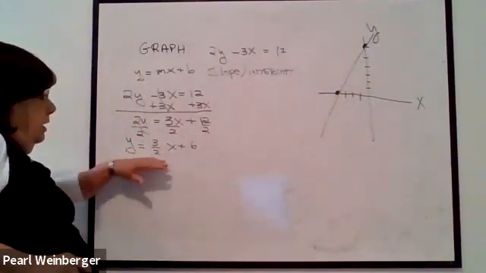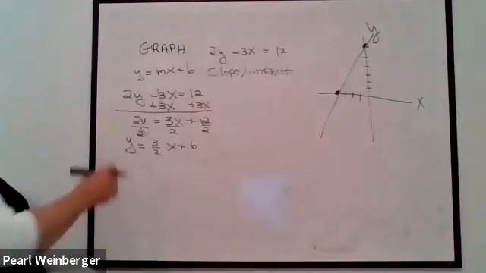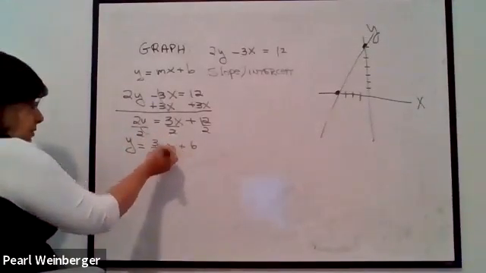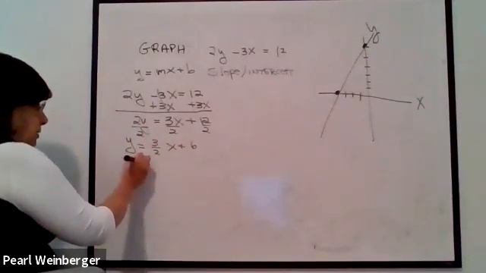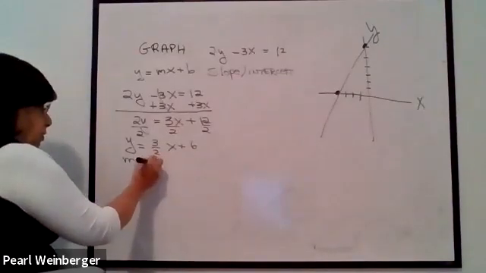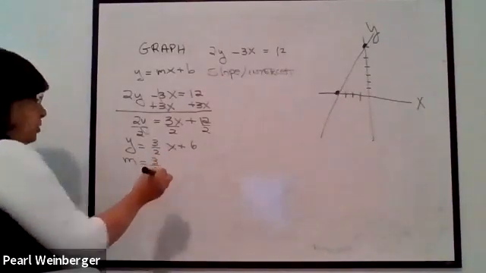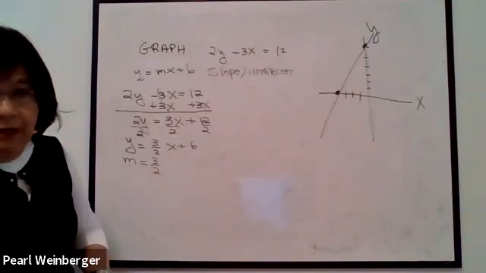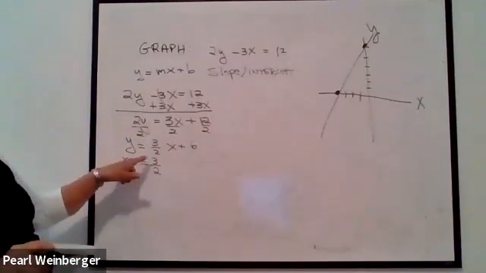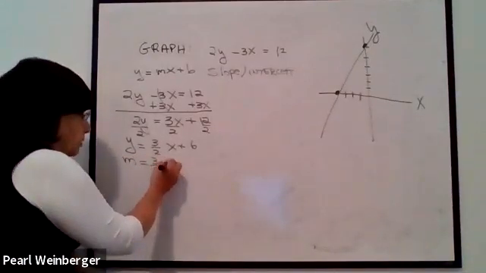That's where it's y equals the number in front of this x is the m, that's my slope, happens to be 3/2. We generally want our slope to be a fraction because the slope gives us what's called rise over run.